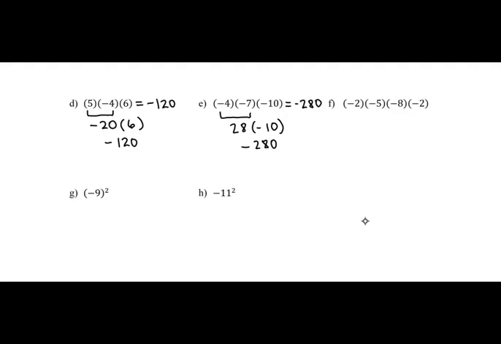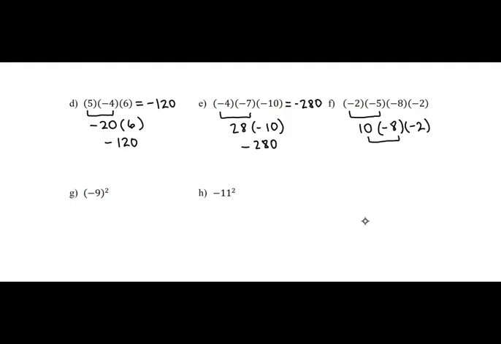Now we have 4 numbers to multiply. So we are going to multiply negative 2 times negative 5 times negative 8 times negative 2. Start with the first 2. Negative 2 times negative 5 gives you positive 10. Rewrite the rest of the problem. All right, so I have positive 10 times negative 8 times negative 2.